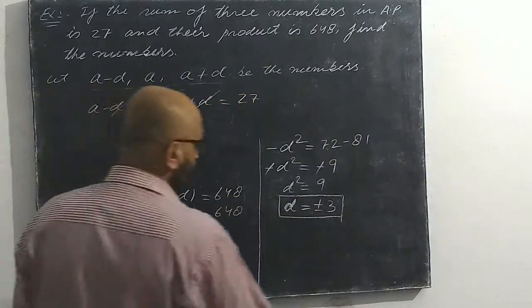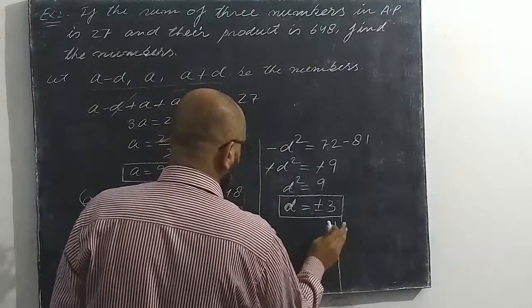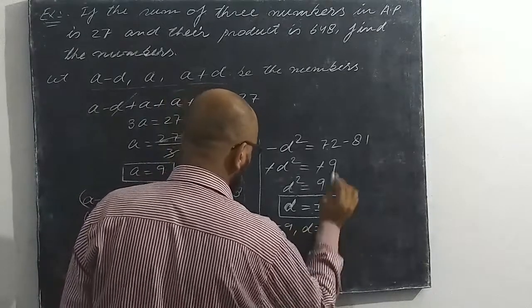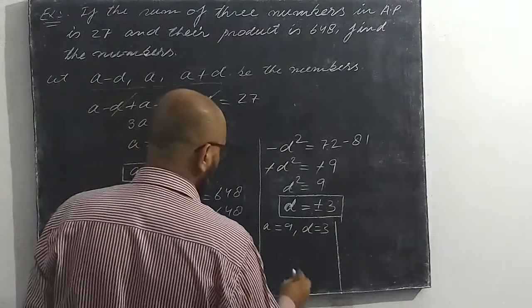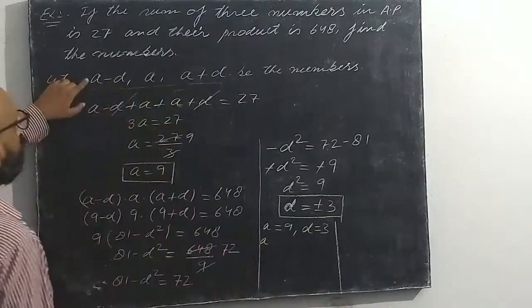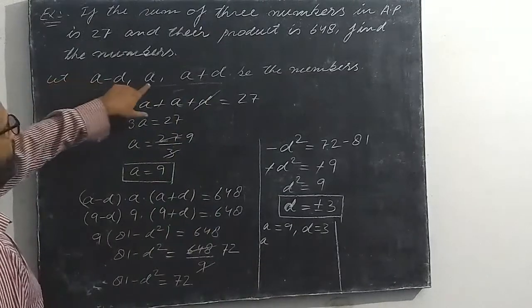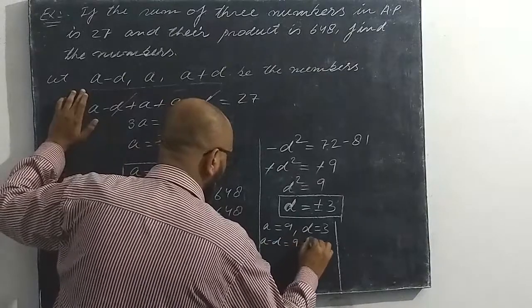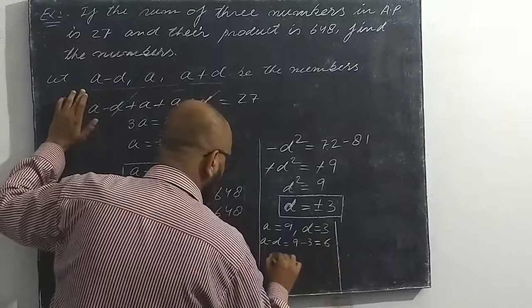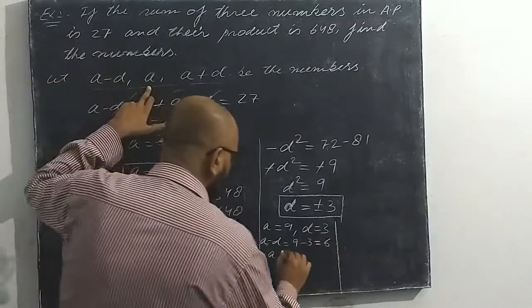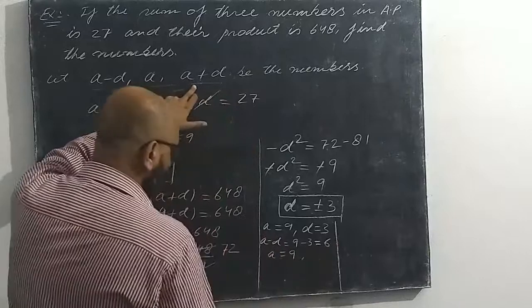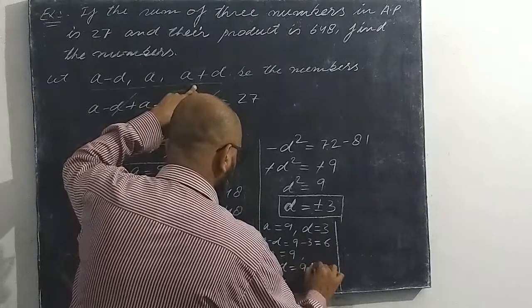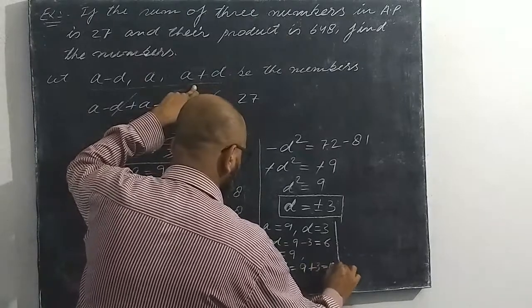So two conditions: either a is equal to 9 and d is equal to plus 3. So the numbers which were assumed as a minus d, a and a plus d: a minus d is equal to 9 minus 3 is equal to 6, and the next number was a is equal to 9 itself, and the next one is a plus d, which is equal to 9 plus 3, which is equal to 12.